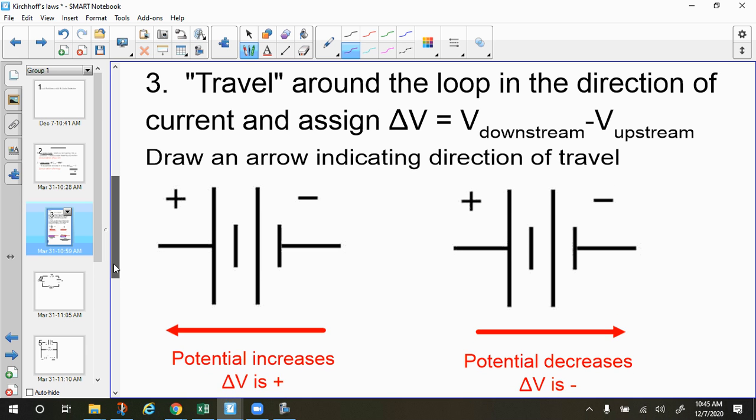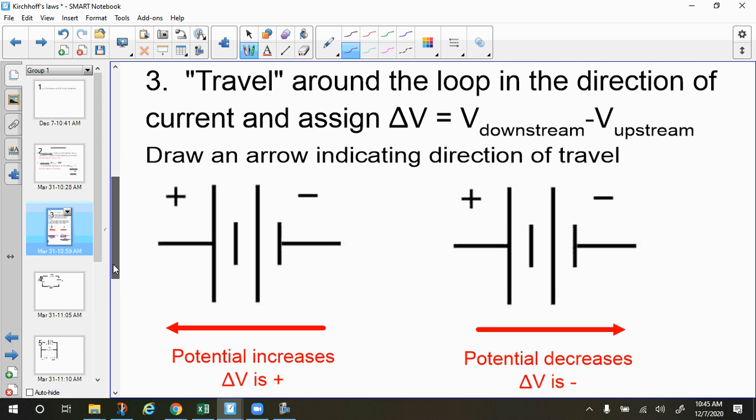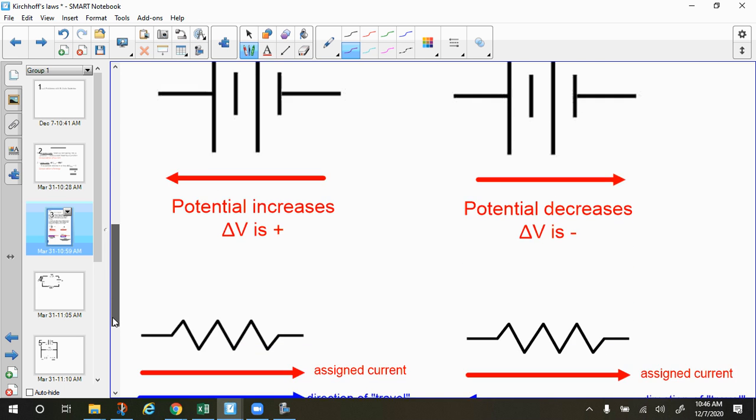So when you're traveling for your equations for your loop law, if you travel through a battery in the correct direction, current goes out of the positive side of the battery into the negative side, then your delta V is positive for that battery. If you travel the opposite direction, so if your loop travels backwards through a battery, then your delta V is negative because you started at a higher potential and ended at a lower potential as you go through the battery.